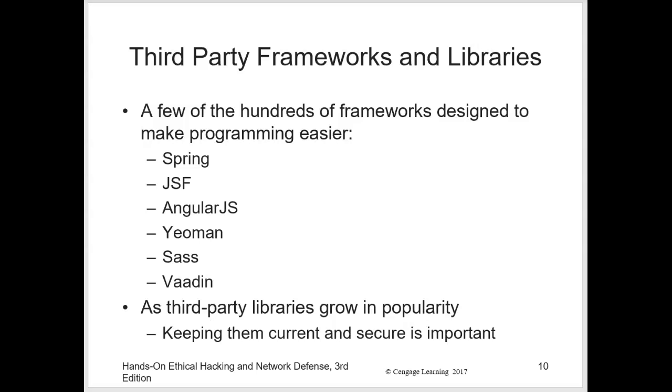Now, there are third-party frameworks that are also part of this that we want to be aware of. Third-party frameworks and libraries. So frameworks are typically called on for a specific purpose, right? To enhance the user experience, for example. You may use libraries, which saves developers a lot of time.